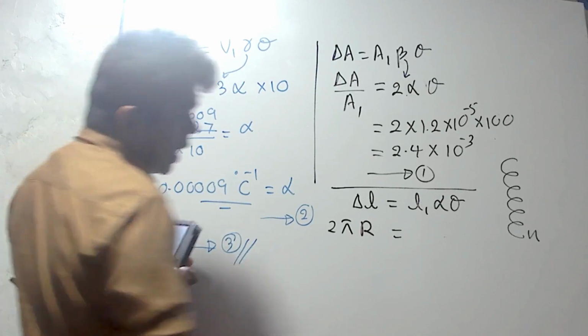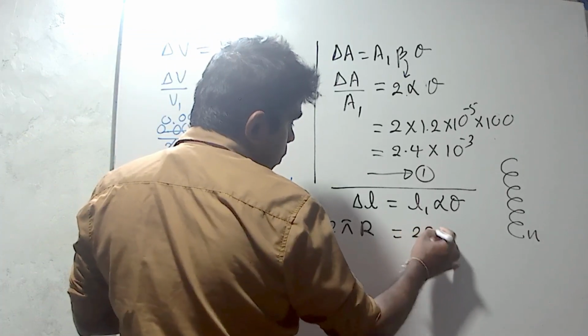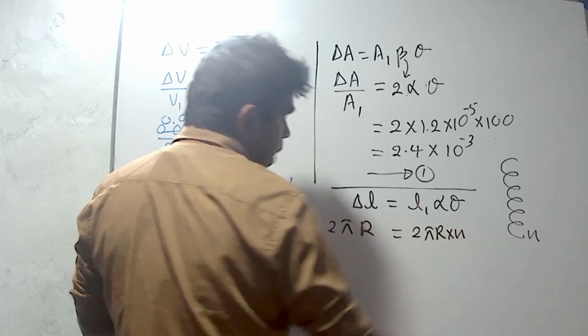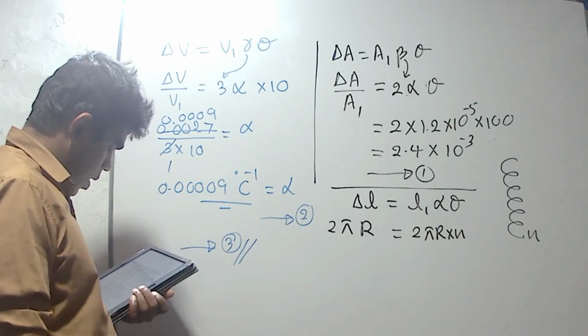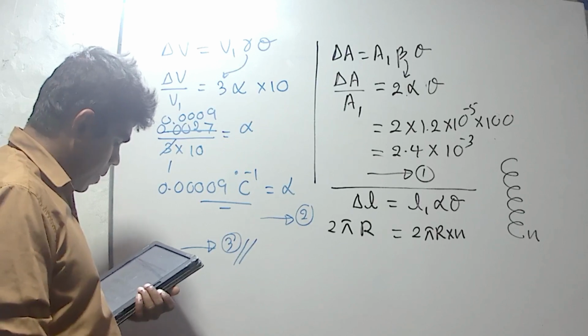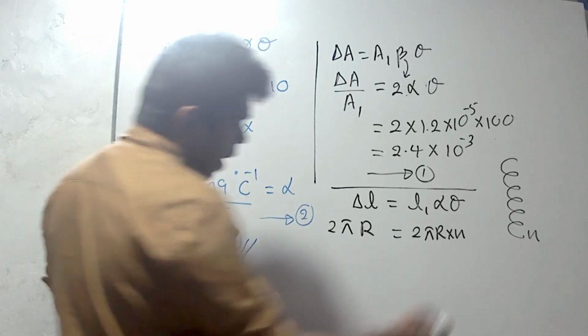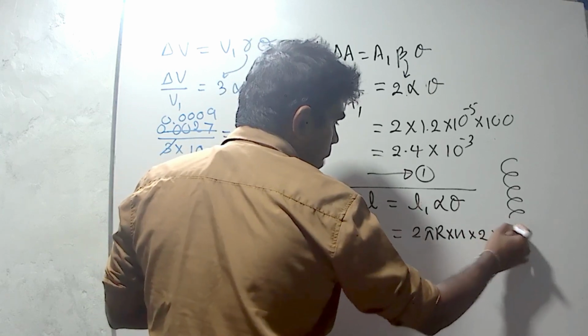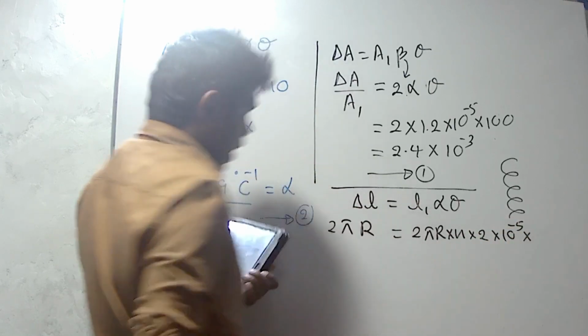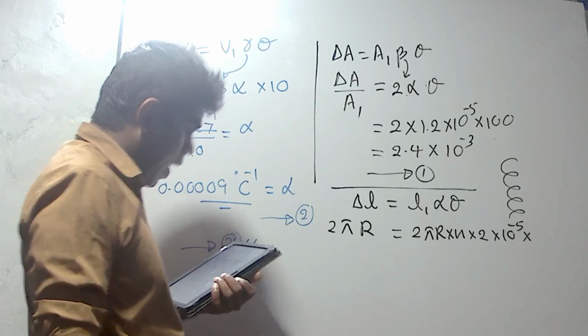We can get the initial length 2 pi r times n, since there are n loops. Linear expansivity 2 into 10 to the power minus 5. Temperature difference 1 degree Celsius.